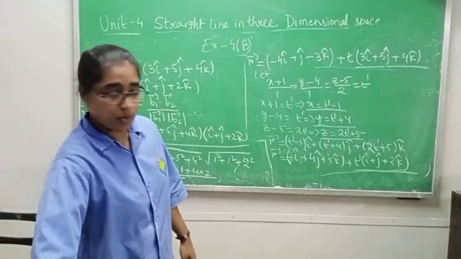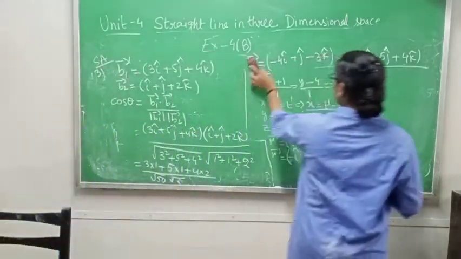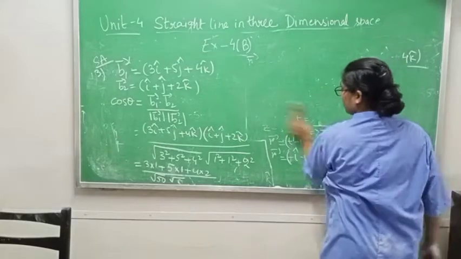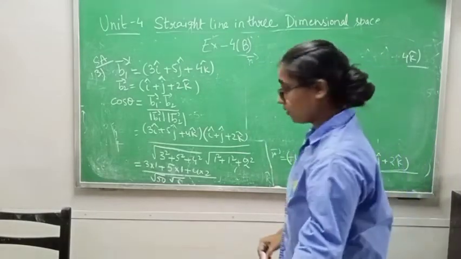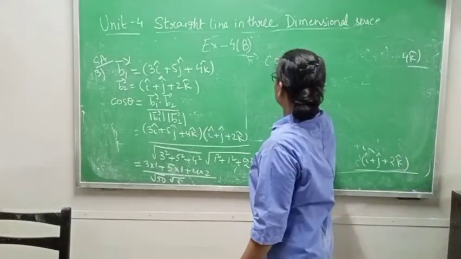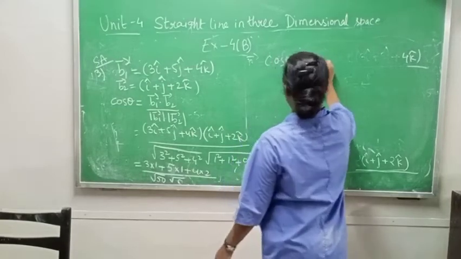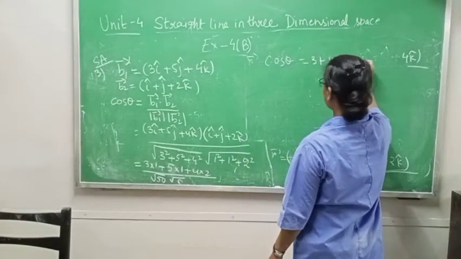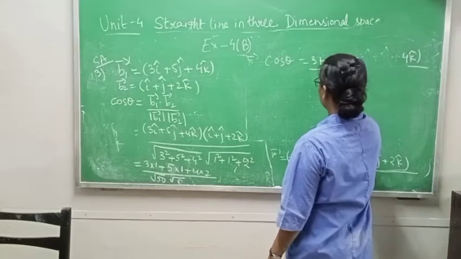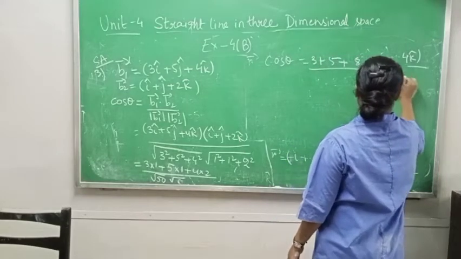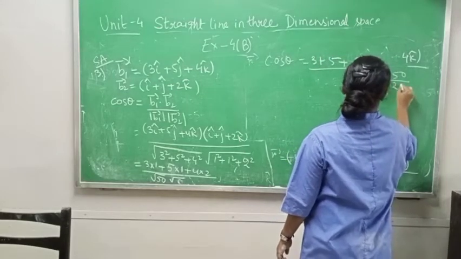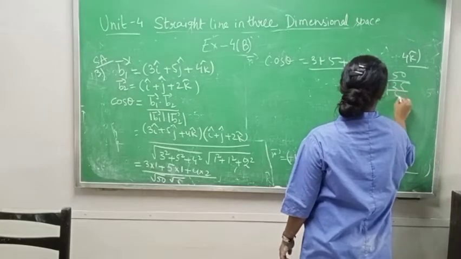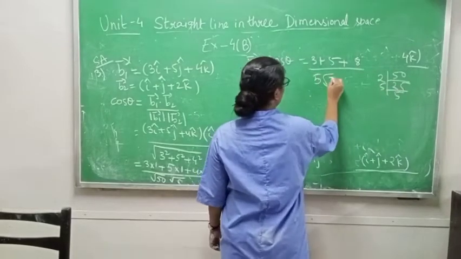After this you have to solve this one. Cos theta equals 3 plus 5 plus 8 by root over 50, which means 5 root 2.